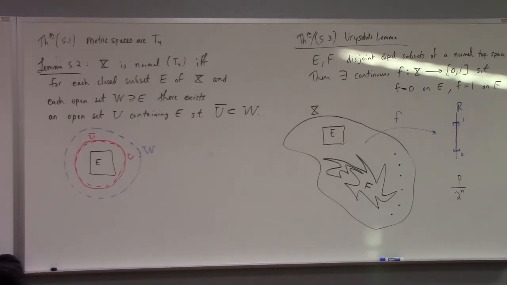My closed sets are now becoming boxes, E. And we get to construct disjoint open sets U, something like this, and V, something like that. Sorry, I departed from my color coding. You'll forgive me.